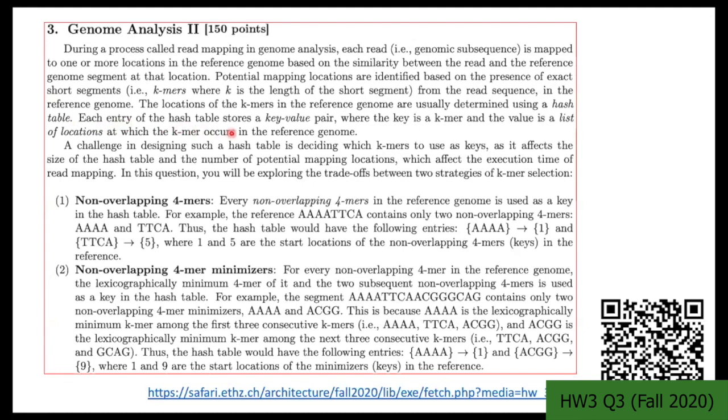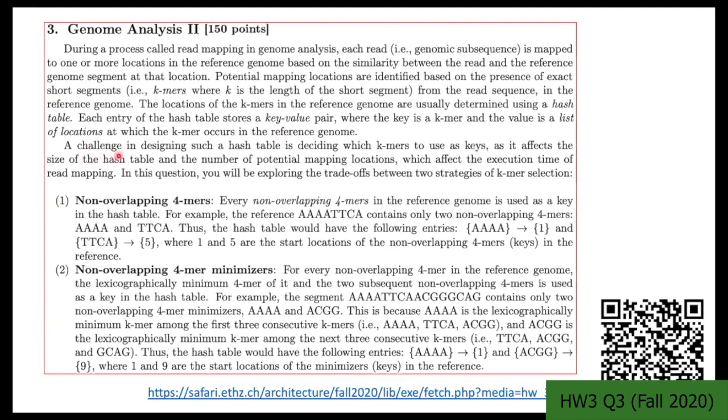So we have a key-value pair stored in the hash table, where the key is the k-mer itself, which is the content, or the ACGT letters extracted from the genomic sequence. And the value is the list of locations at which the k-mer occurs in the reference genome. I hope this is clear until now.